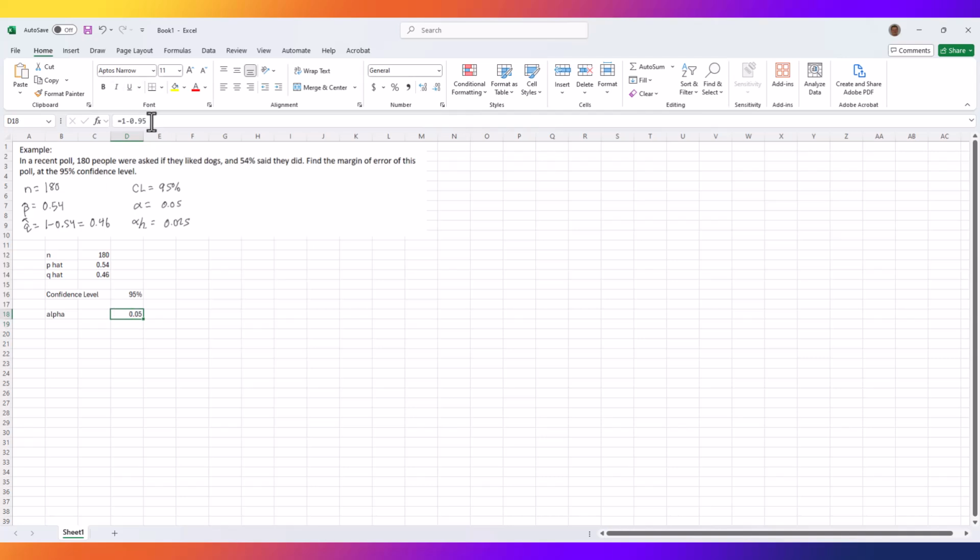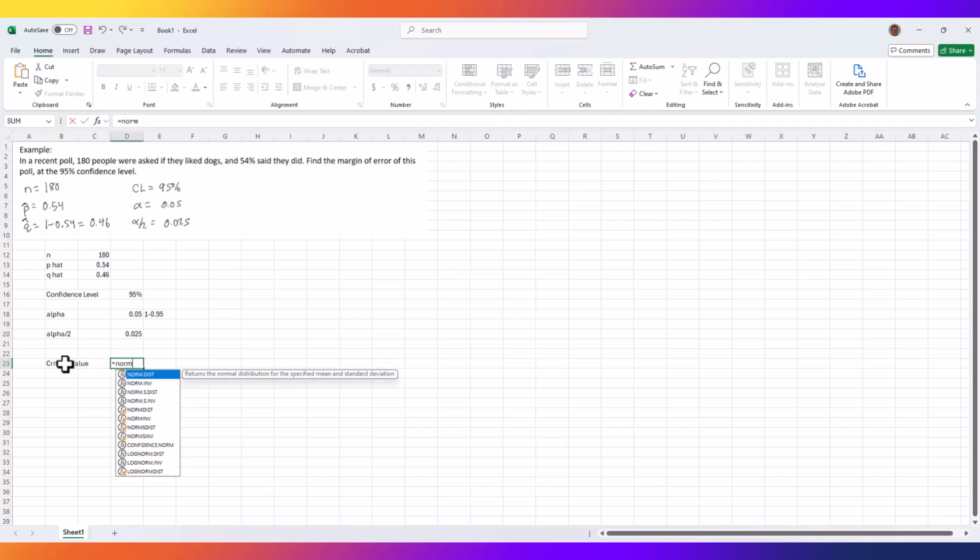I'm going to add a little bit of work here for you to see it. And then alpha over 2 is equal to 0.05 over 2. Those are the things we need, so I'll get our critical value because that's important.